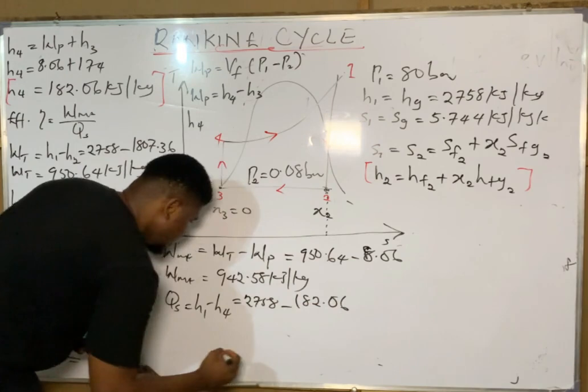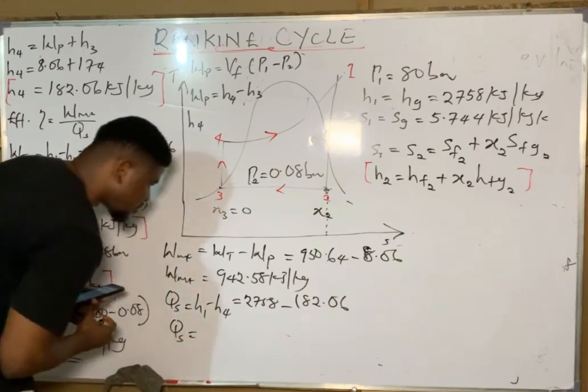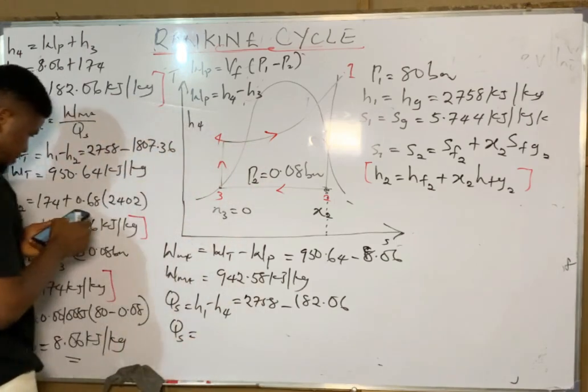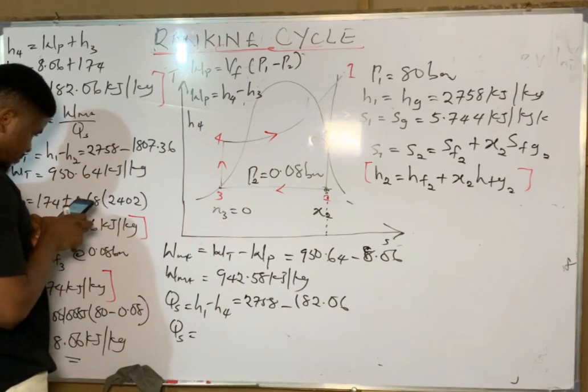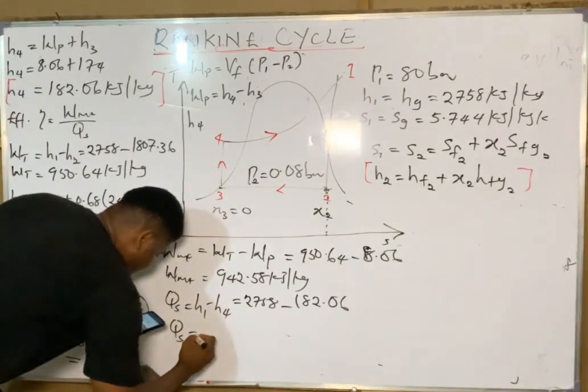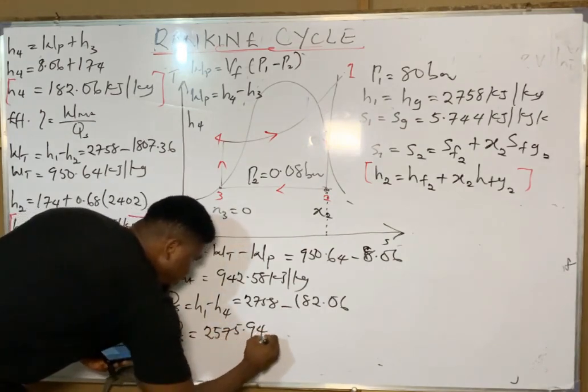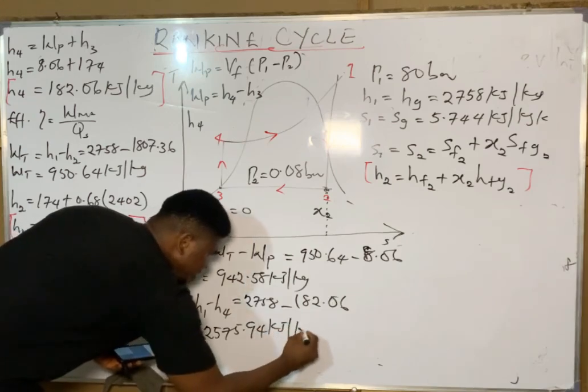So our heat supplied QS is 2758 minus 182.06, which gives us 2575.94 kilojoules per kilogram.